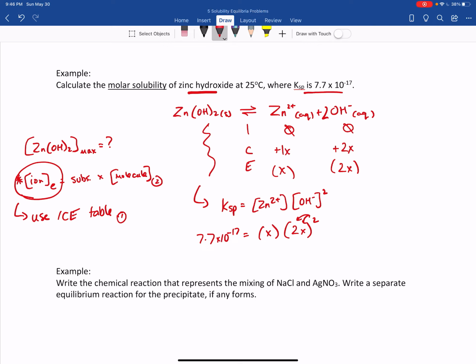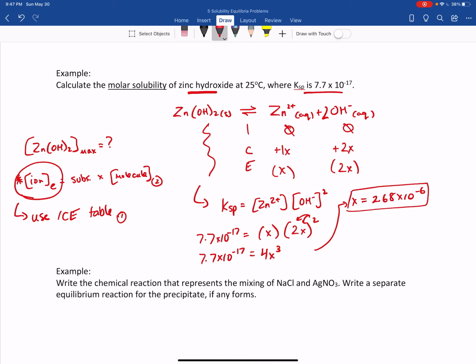Right, so we have 7.7 times 10 to the negative 17 equals 4x cubed when we factor in the x beside that as well. Okay, and then we'll isolate for what x represents. X equals 2.68 times 10 to the negative 6.